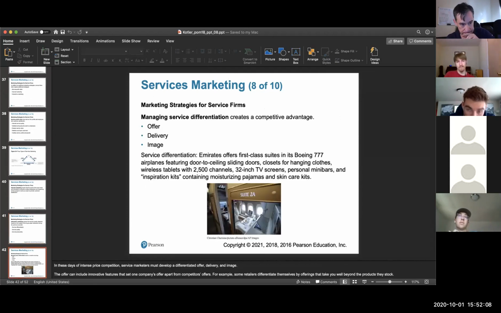Now, to be able to differentiate, like in ISO, there is an ISO for services. That means we always do this thing in the same way. So you can differentiate yourself by always providing the same service.